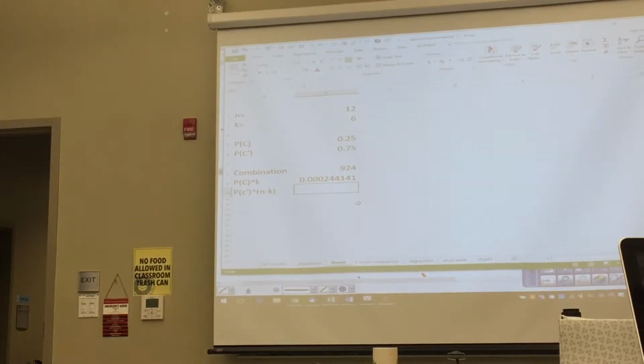B6. And I'm going to raise that to the n minus k, which is 6. But I'm still going to put it in parentheses and say n minus k.